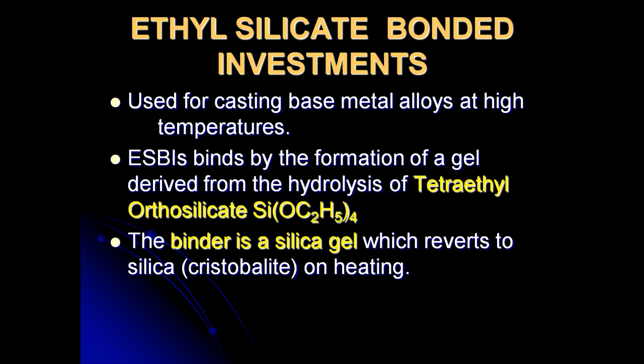In addition to setting shrinkage, green shrinkage, a very important word, occurs due to the loss of alcohol and water from the gel. Next, the investment can be heated up to 1200 degrees Celsius. I hope these points are clear.